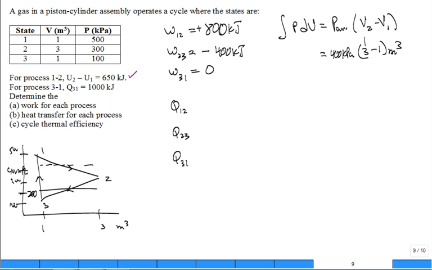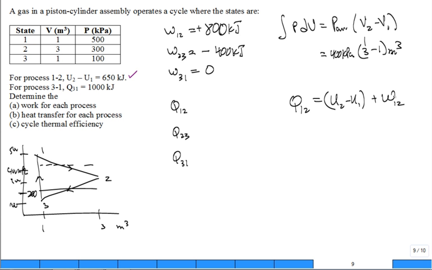How about the heat transfers? Well, we usually can't calculate this by an integral of a property or something like that. We did that great for the work. But for the heat, we have to use the first law, which says Q1 to 2 is equal to U2 minus U1 plus W1 to 2. I just rewrote it by throwing W on the other side, so I got rid of that negative sign.